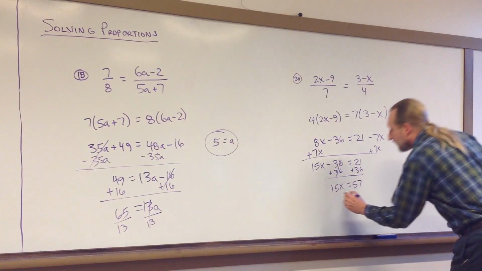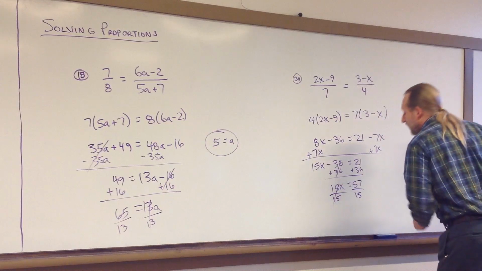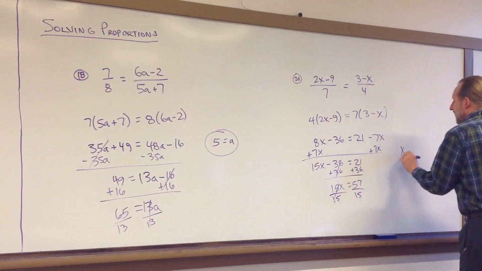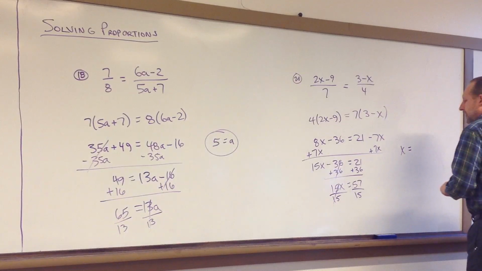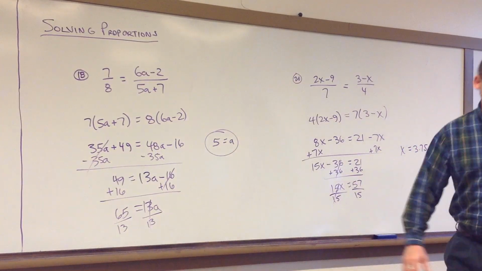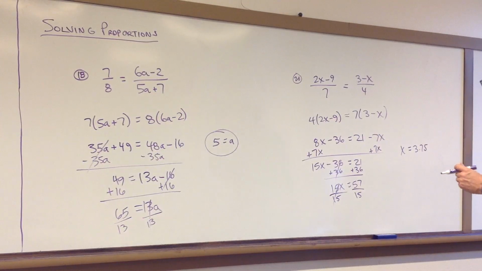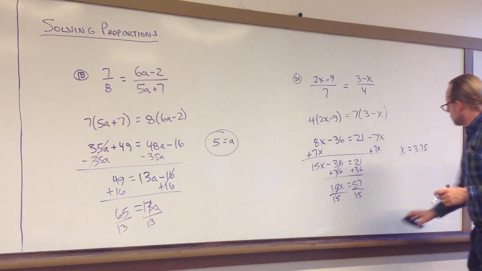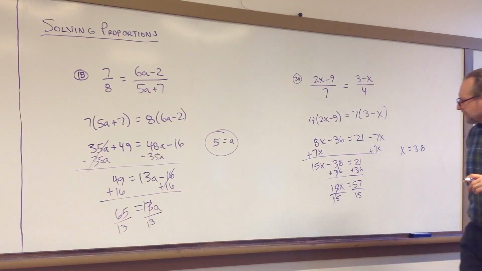Well, that doesn't look like it's going to turn out to be a nice whole number. Let's see what we come out of this with. 57 over 15. That's going to be, oh, is that 3.75? Let me see here. 57 over 15. Oh, 3.8. Oh, I keep doing that, thinking in terms of fourths instead of fifths.